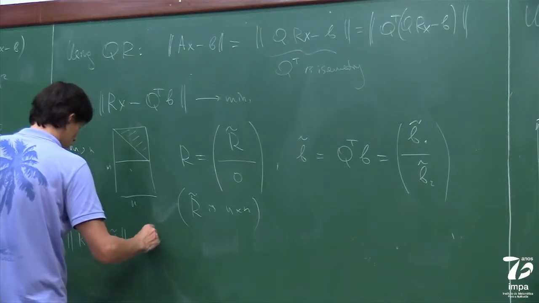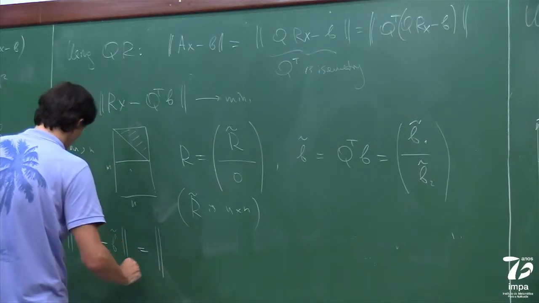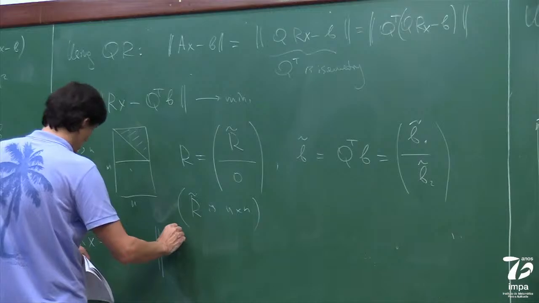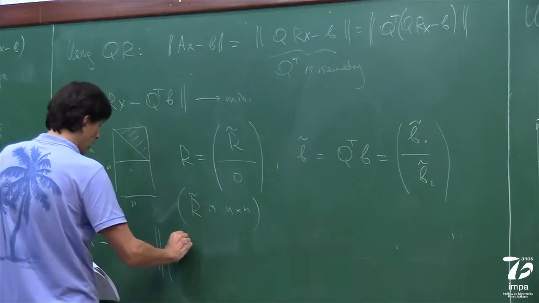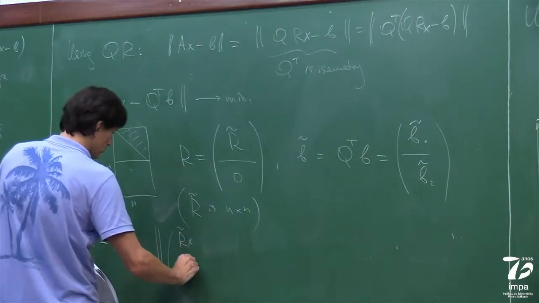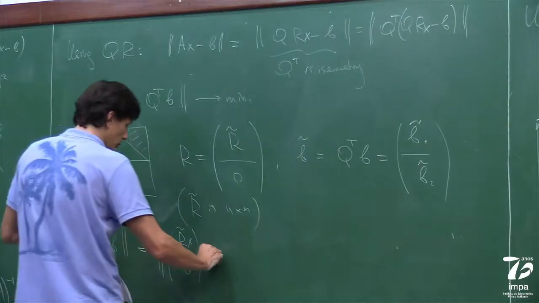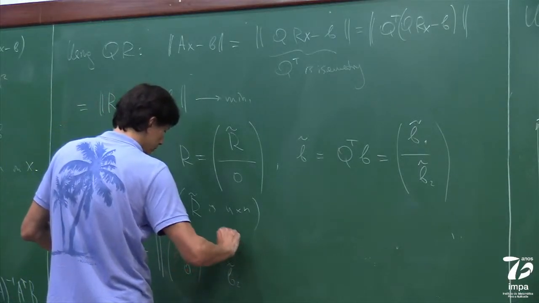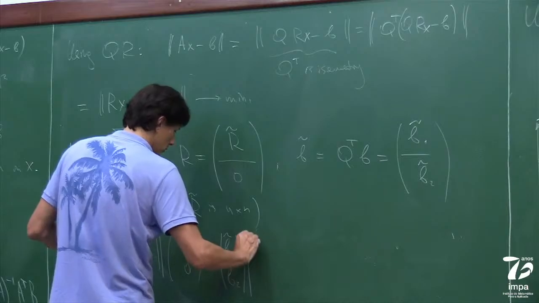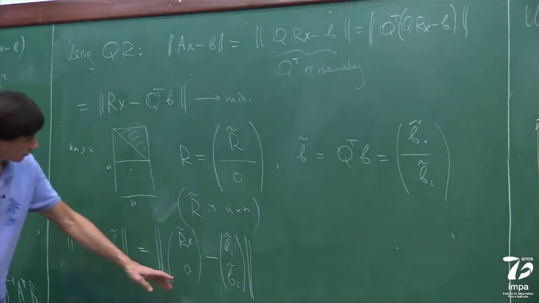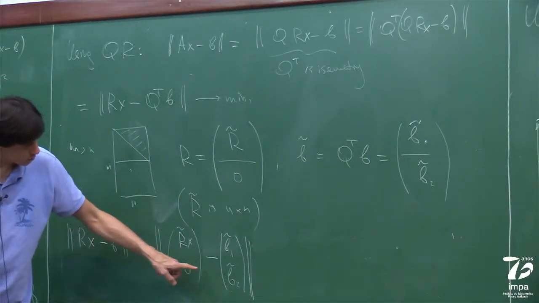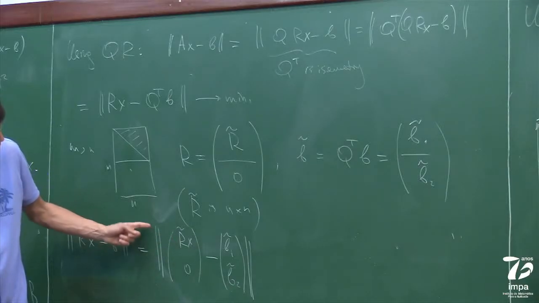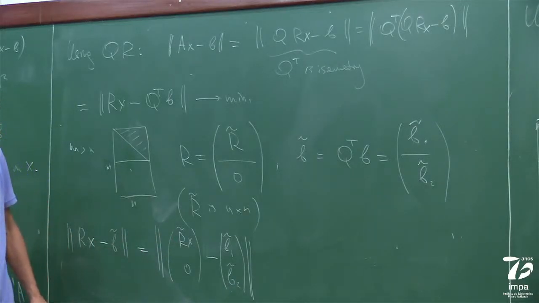It will be the norm of the vector where the first part is R tilde x minus B1 tilde, and the second part is just B2 tilde. This is just the Pythagoras theorem.